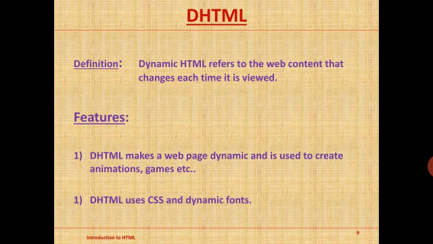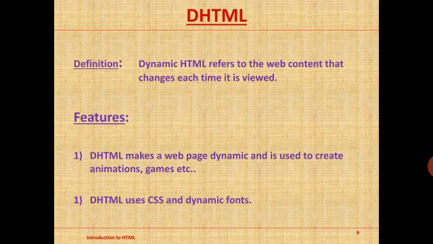After learning XML, let us introduce one more new language, that is DHTML. Dynamic Hypertext Markup Language refers to the web content that changes each time it is viewed. It has several features.